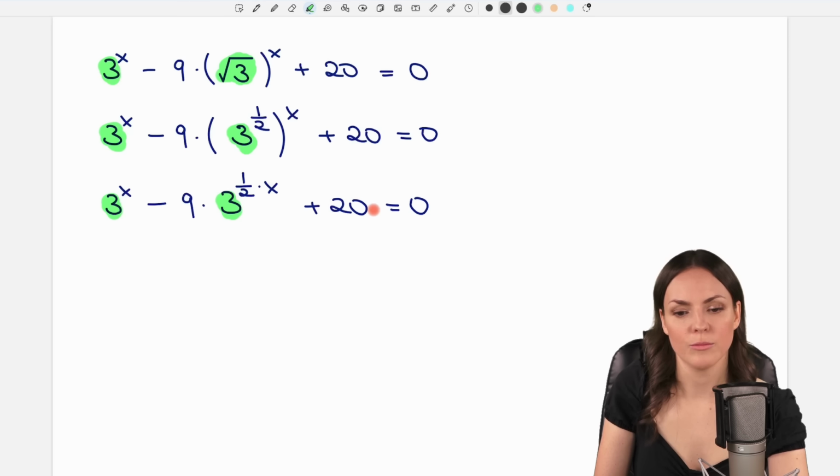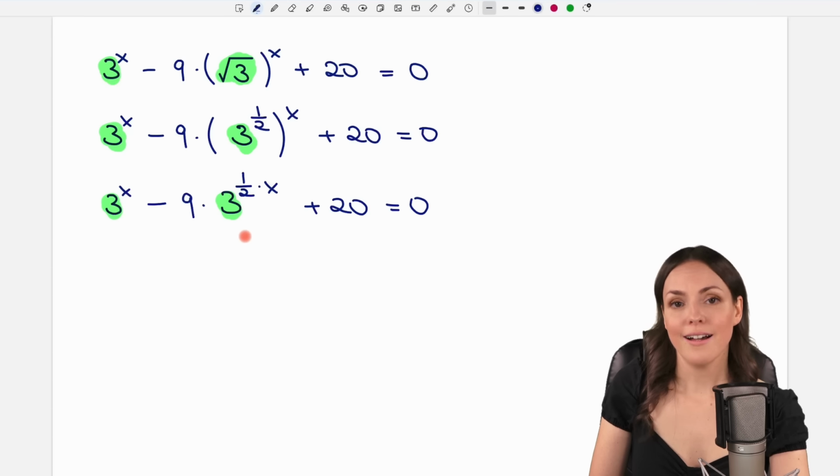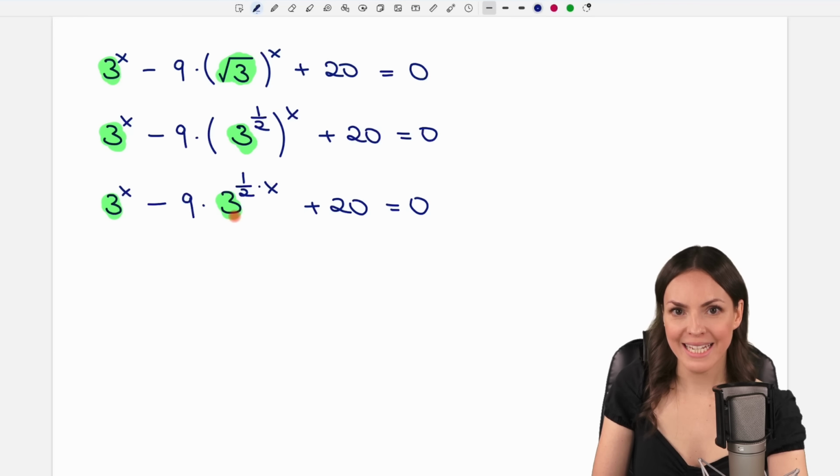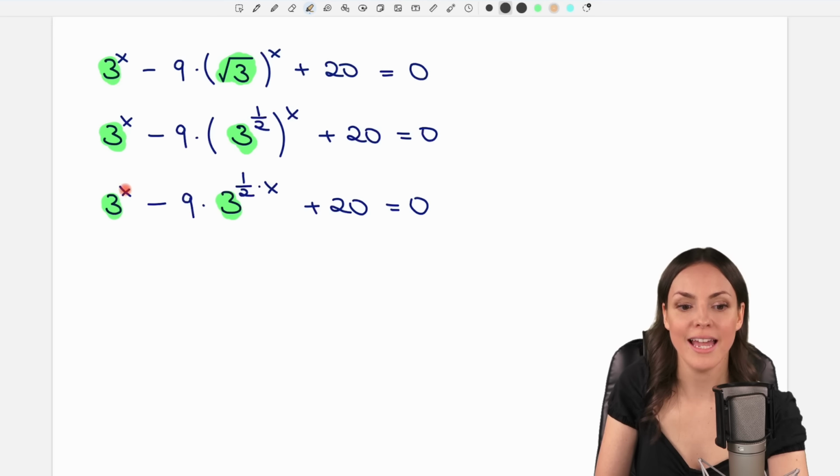And then we have a part where there is no x at all, and on the other side we have 0. Every time you have this structure where the bases repeat and there is a connection between the exponents, right? So we have x here and half of x here. So this exponent is twice as large as this exponent.